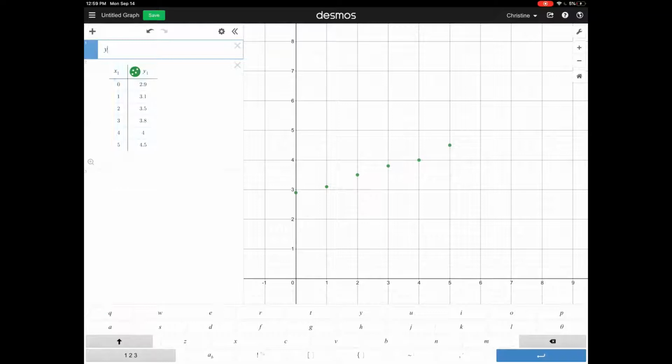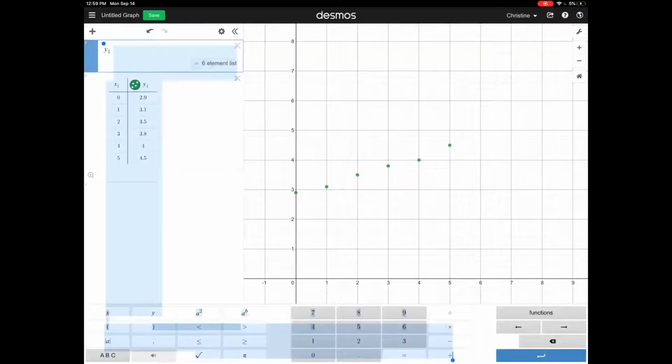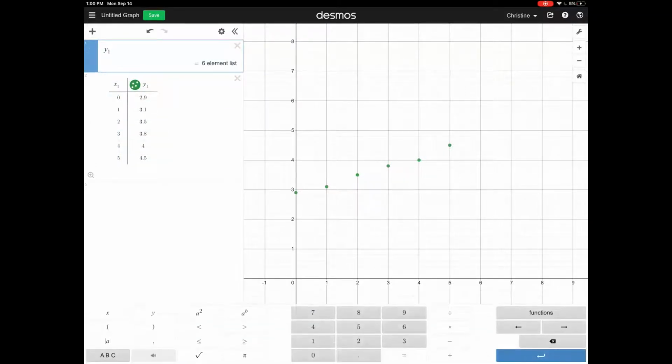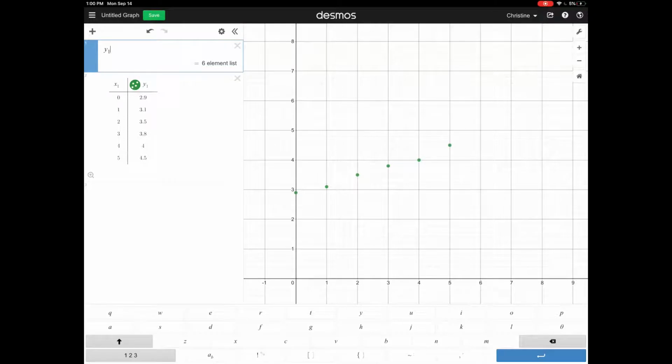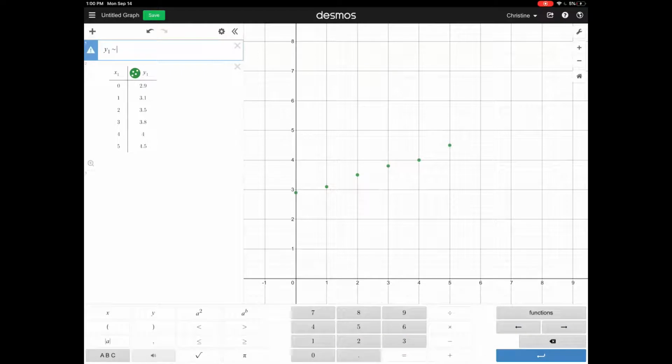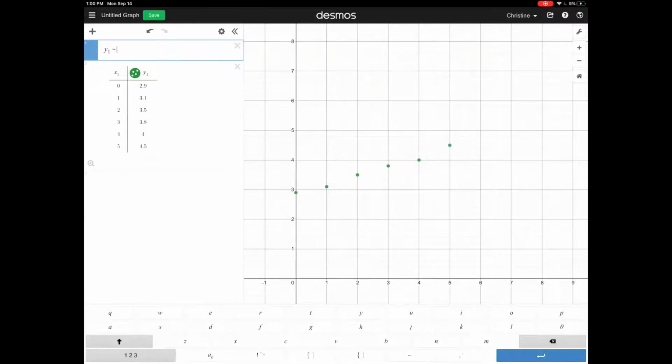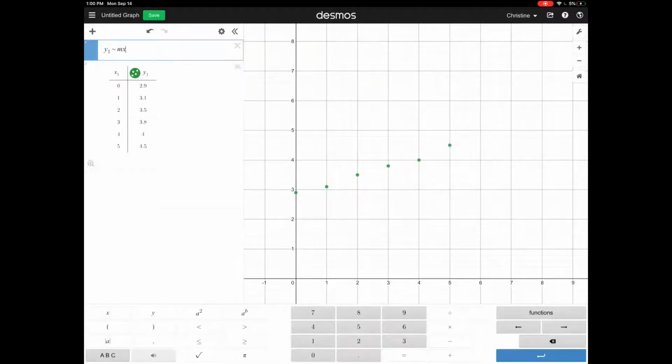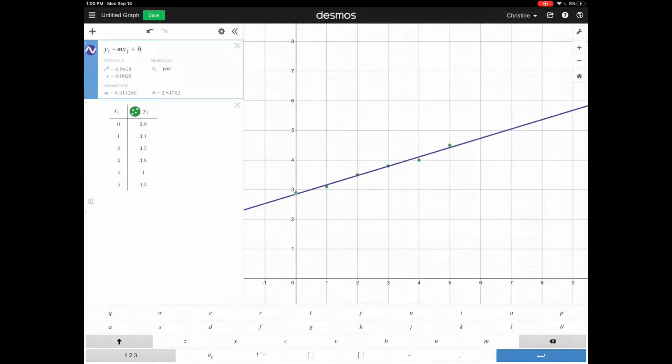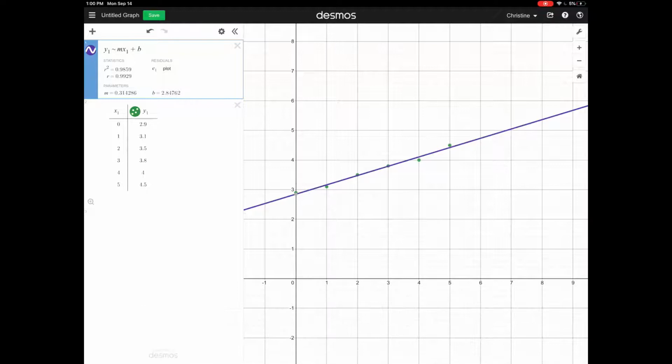And I'm going to type in y1. You don't have to do sub or anything, just y and 1 is approximately m, there's your slope, x1, x sub 1 plus b. And then you can see that Desmos is writing the equation up in the top.